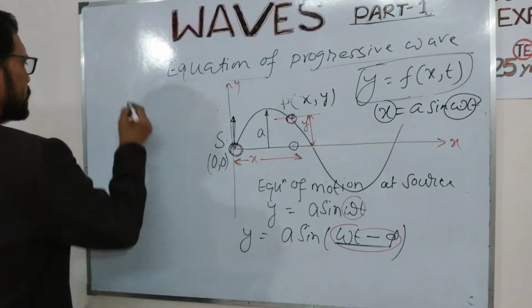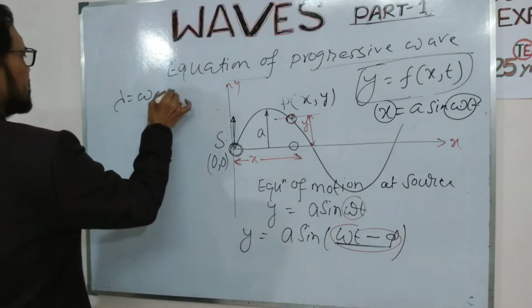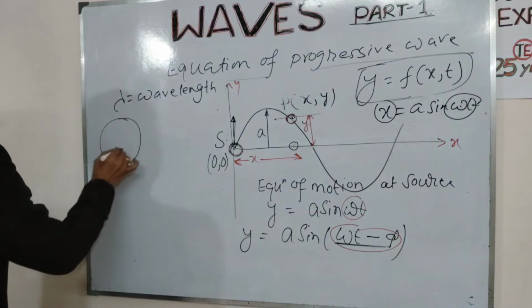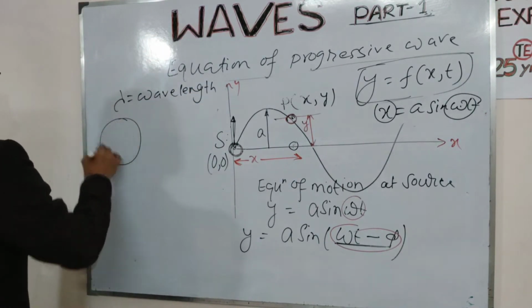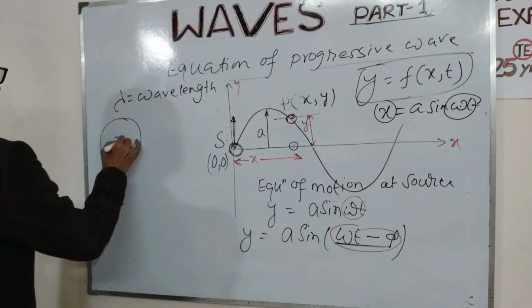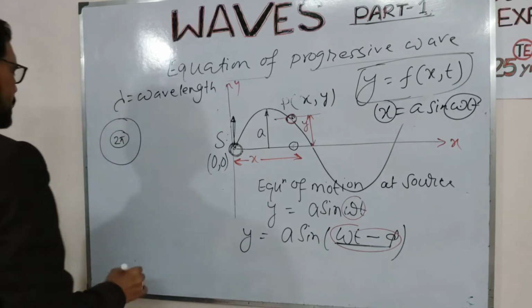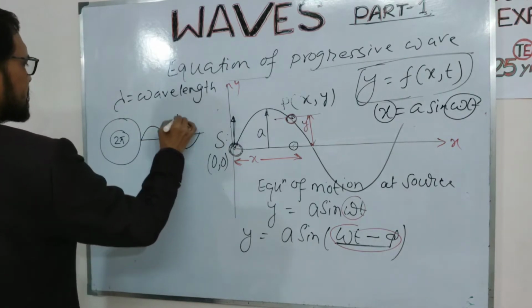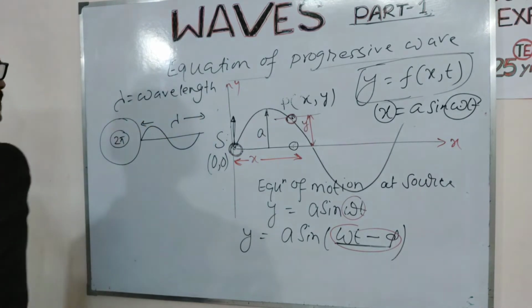Now we know lambda is the wavelength. When a particle describes a circular path, the total angle described is 2 pi in one time period, and in one time period the wave also moves through the distance lambda.